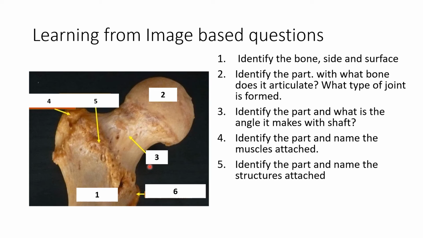From above downwards it gives attachment to the capsular ligament of the hip joint and the iliofemoral ligament. So the strongest ligament in the body, the iliofemoral ligament, is attached to it.